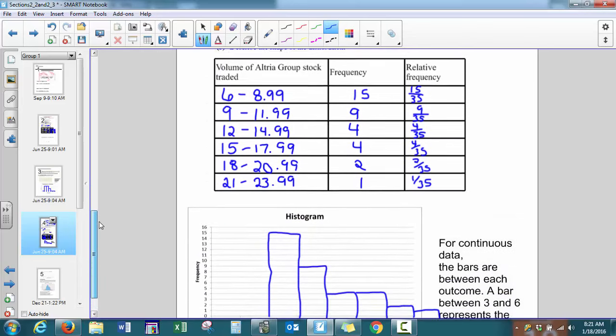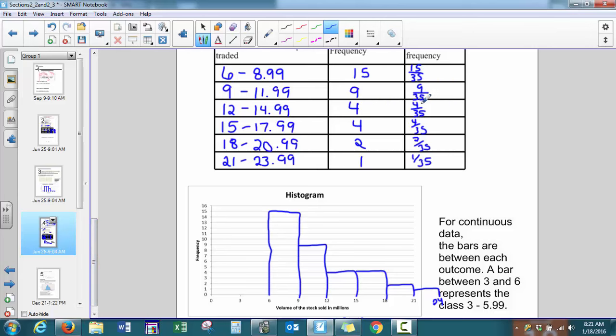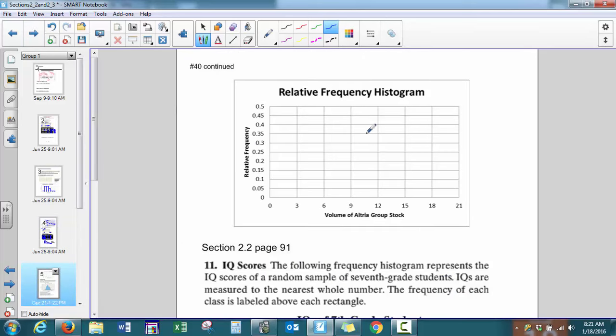Our relative frequency histogram, we would just use the percentages or the decimals instead of the frequency on this vertical axis. So your histogram is going to look about the exact same shape.